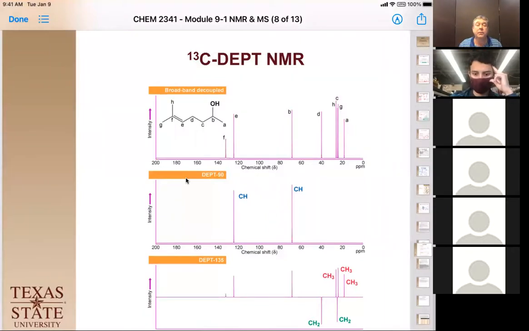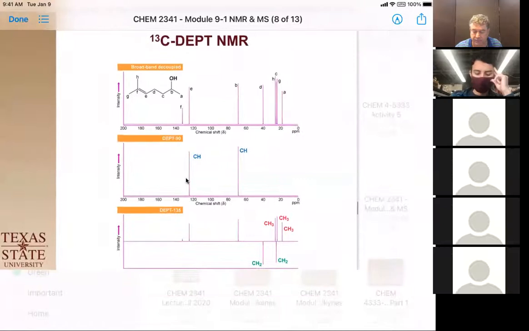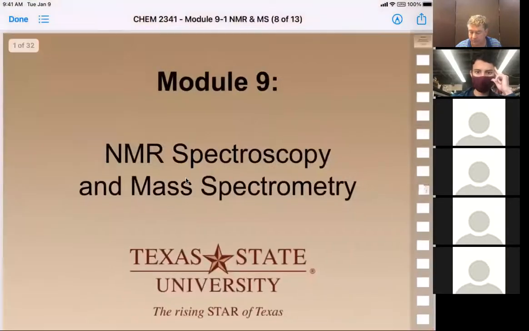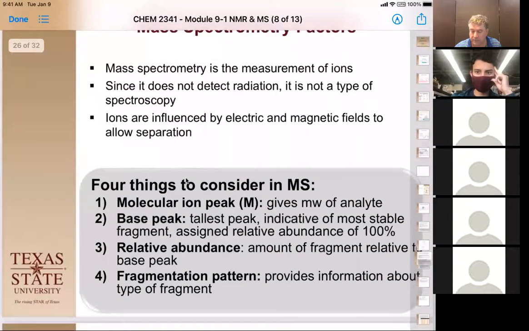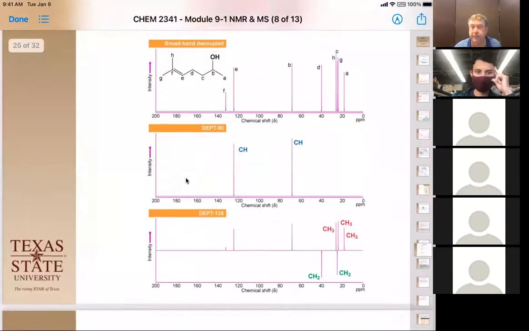The whole reason is that when you have 3 hydrogens on your carbon, it relaxes faster than 2 hydrogens, which relax faster than 1 hydrogen. And if you don't have any hydrogens at all, you actually don't get a signal. Okay, there we go, we're on the DEPT experiment.